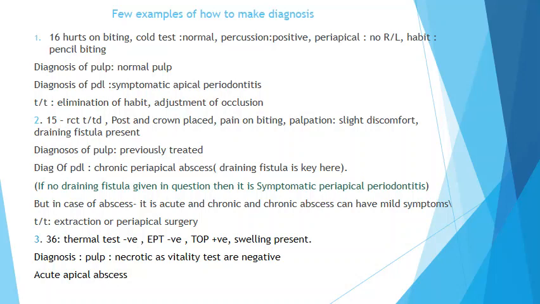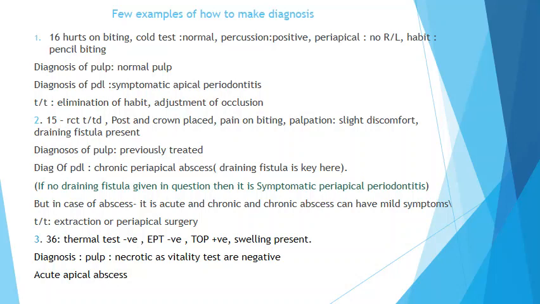Now according to this information, as far as the pulp is concerned, it is given that the cold test is normal, and cold test is a test of vitality, which is telling us that it is a vital tooth. So the pulp diagnosis will be normal pulp as the tooth is vital.